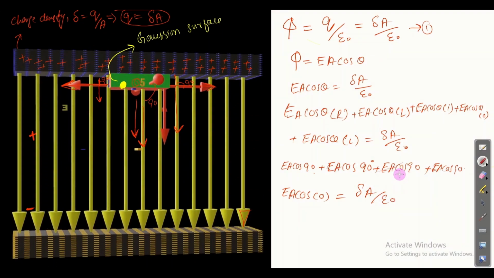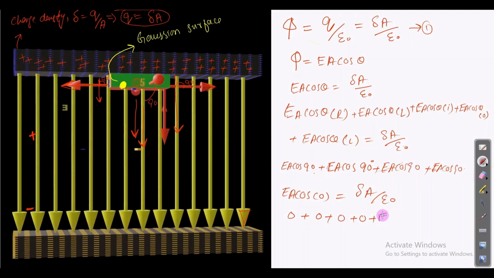We know that cos 90 is equal to 0. So this expression becomes 0, this expression also becomes 0 due to cos 90, this one also 0, and this one also becomes 0, and only the lower side expression remains, and cos 0 is equal to 1.